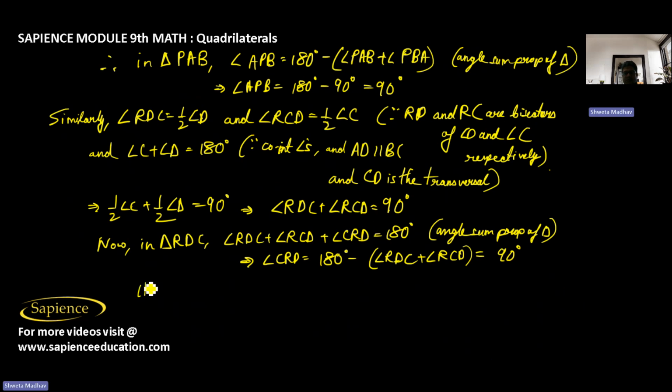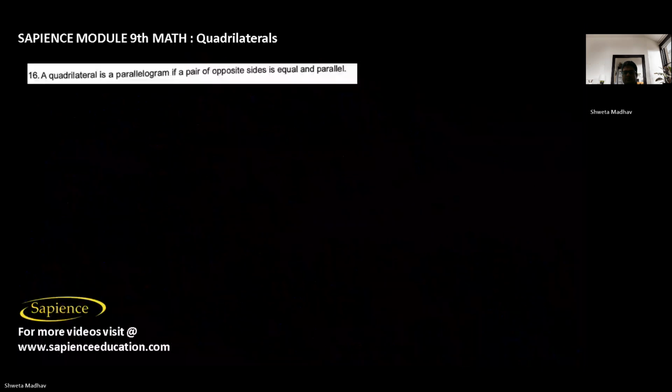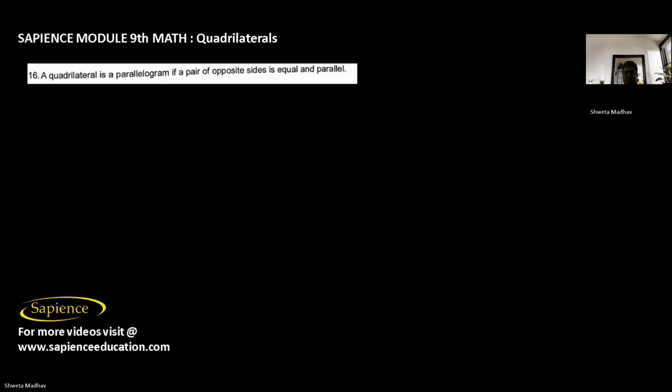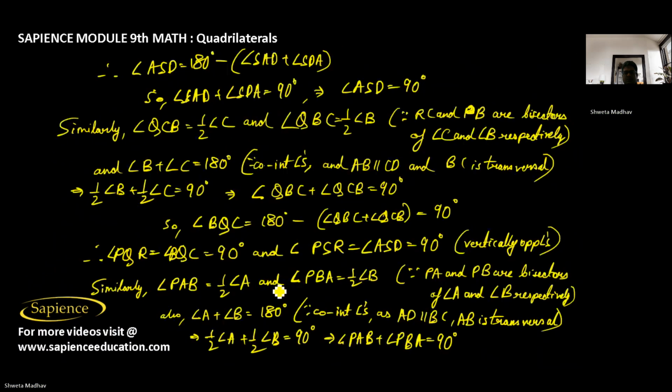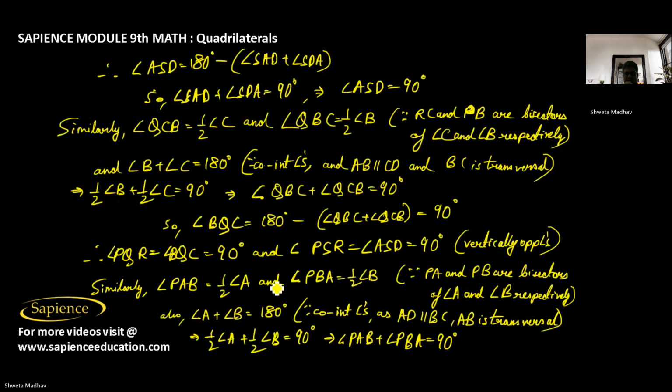So hence we can see that angle CRD is equal to angle APB, and that is also equal to, as we have shown, angle BQC, which is equal to angle PQR, which is equal to angle PSR.